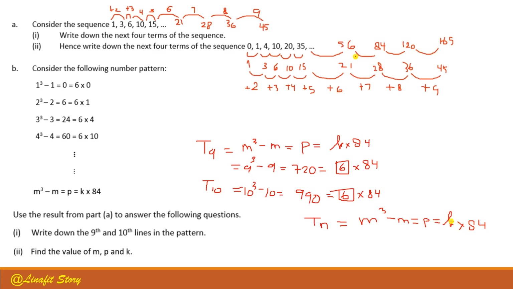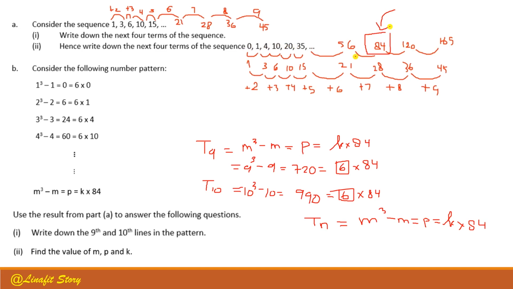Notice that the terms follow the sequence 0, 1, 4, 10, 20, 35, 56, 84, 120, 165.